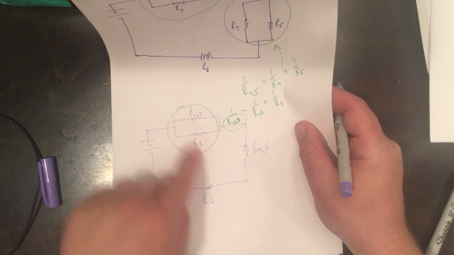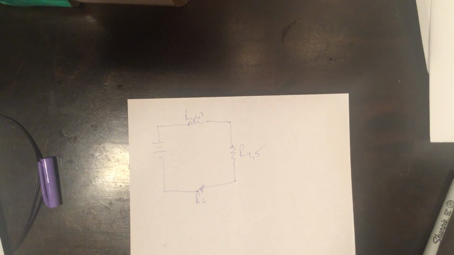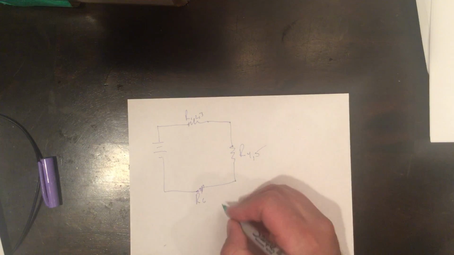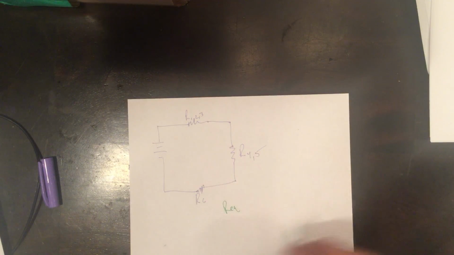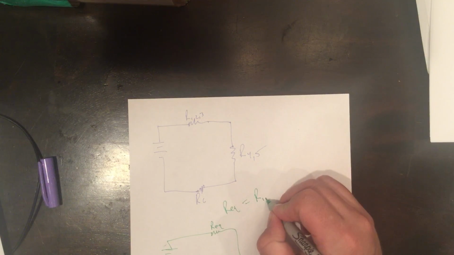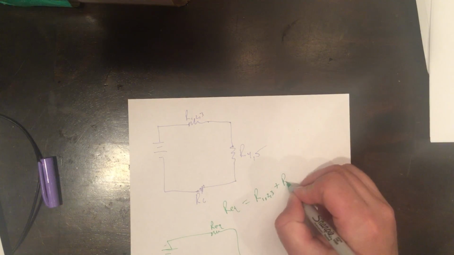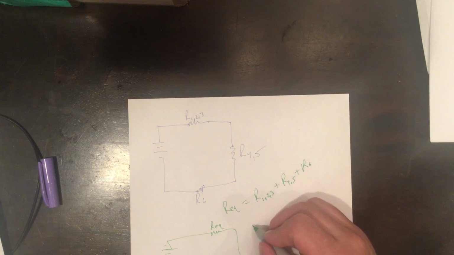So here, combine those, and then we'd have this setup. And then lastly, they're all in series. So in the end, Req for the entire thing together. And truth is, a lot of times people will draw this one last, like this, and they'll just call it Req. Okay, but that's going to be R1, 2, 3, plus R4, 5, plus R6.